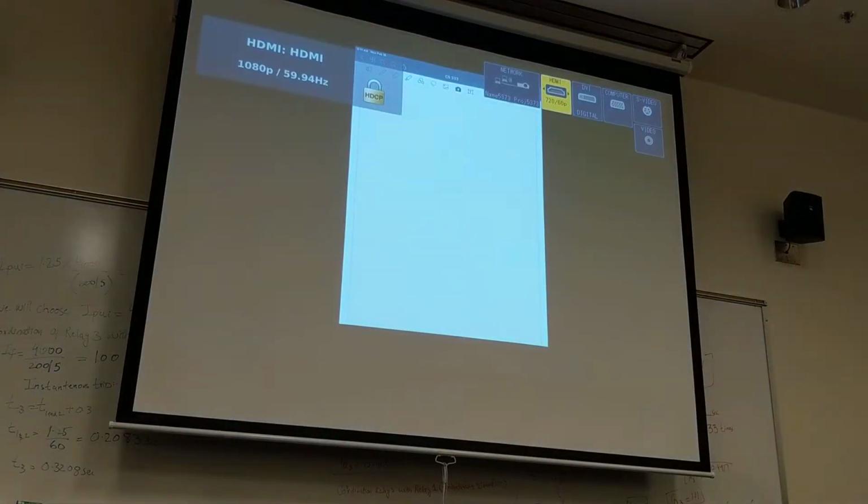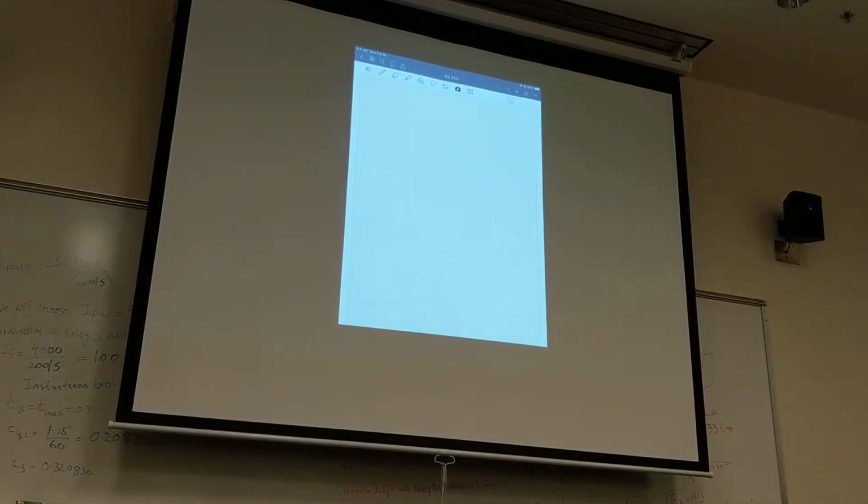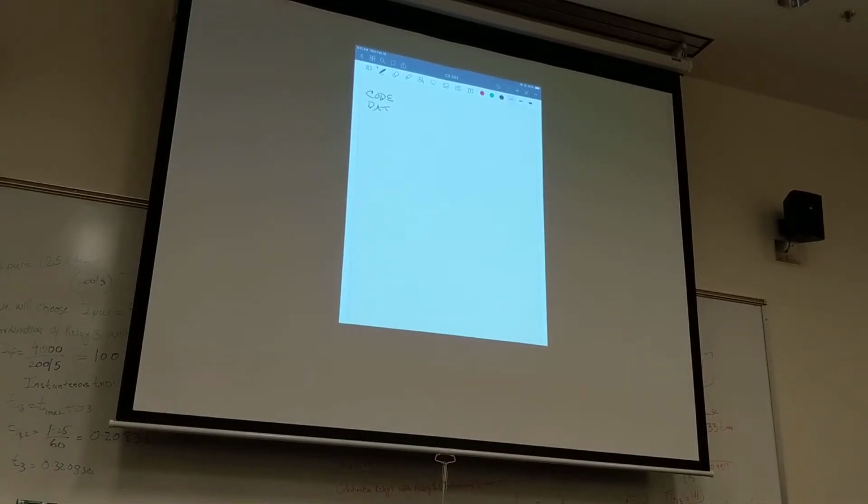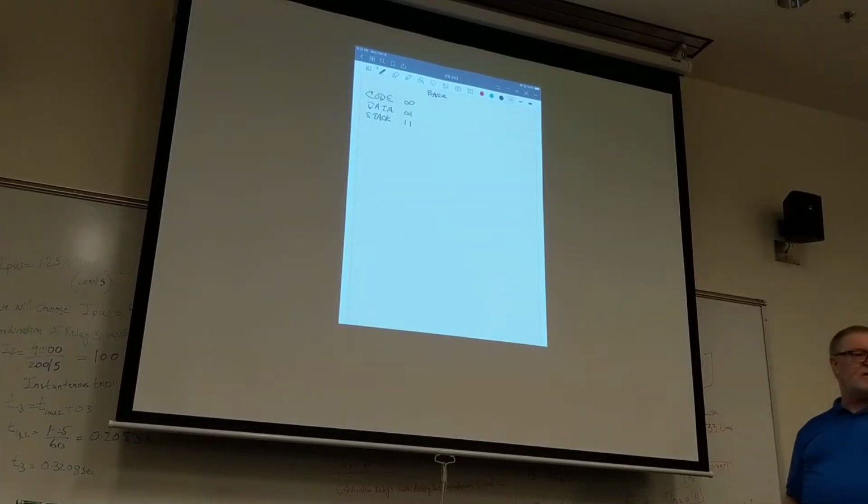So what we're going to do now is note we have code, data, stack. Segment selectors are 0, 0, 1, 1, 1. Our base, and what we mean by base is just the value stored in the base register.